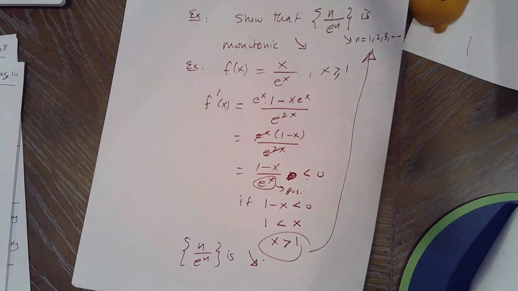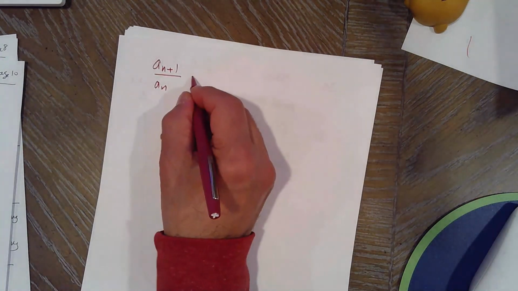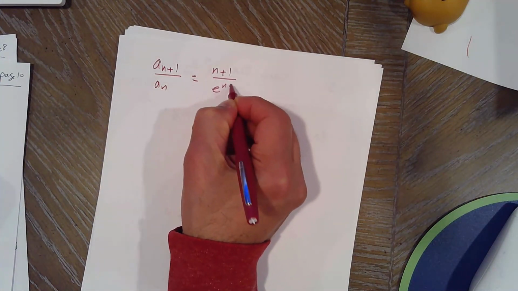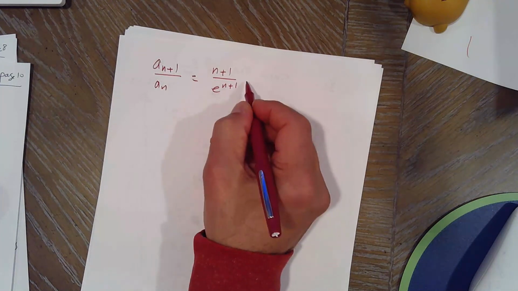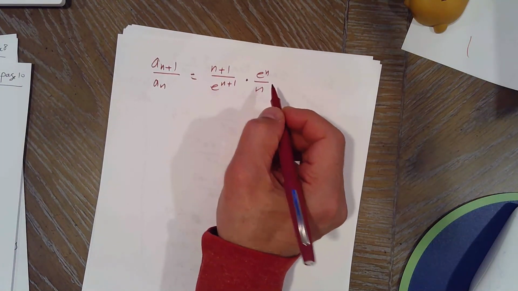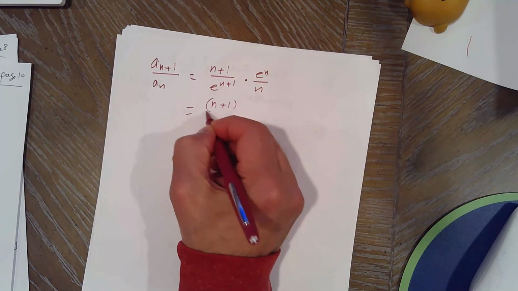Another way, which I did by doing the ratio of a_(n+1) over a_n. If it's less than 1, then it's decreasing, and I'm going to show you it's less than 1. So a_(n+1) would be (n+1)/e^(n+1), divided by a_n, which means times e^n/n, times the reciprocal, and that would be (n+1) over n e.